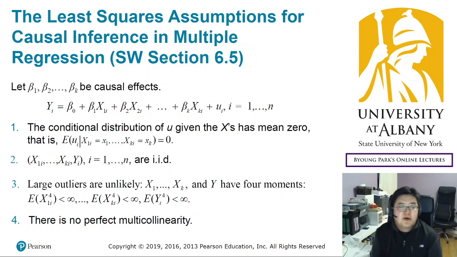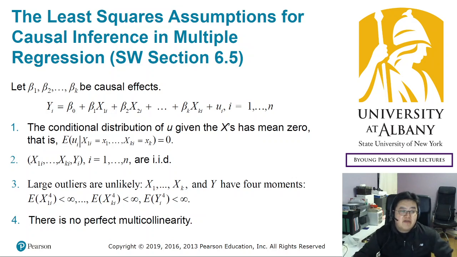Hello. In the last lecture, we learned how we handle a regression model with multiple regressors. The conclusion was straightforward. There is nothing new, nothing different from the regression model with a single regressor.